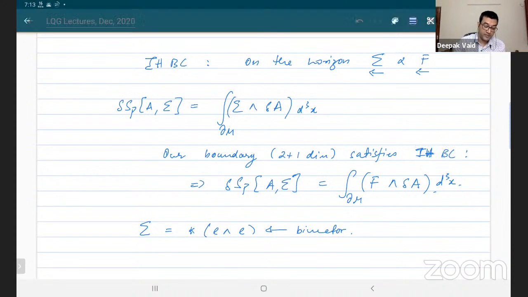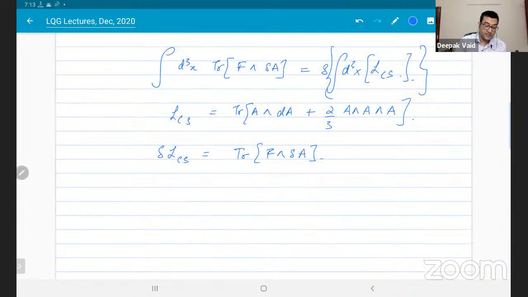Since they satisfy it, the boundary term can be written as this object, and this object can be written as the total differential of the Chern-Simons Lagrangian. And where is this Chern-Simons Lagrangian? It is defined on the boundary.